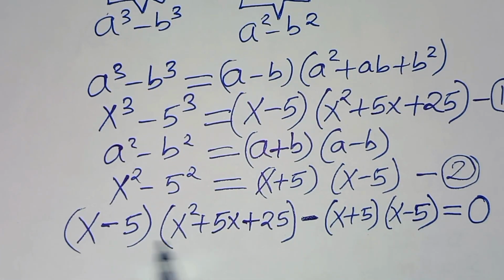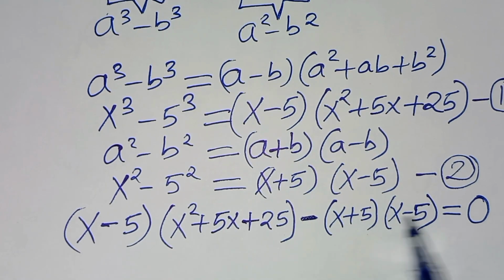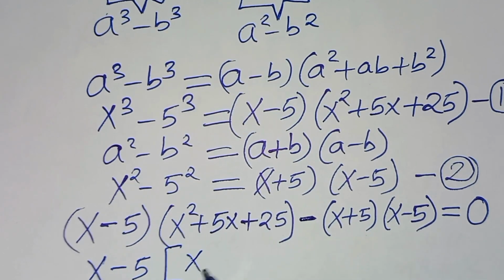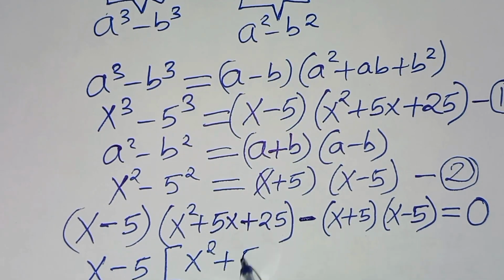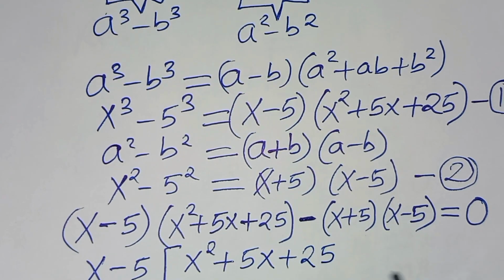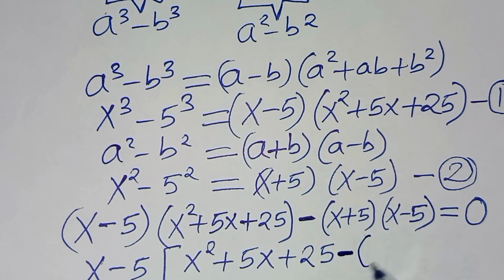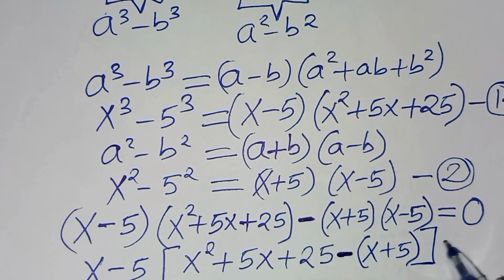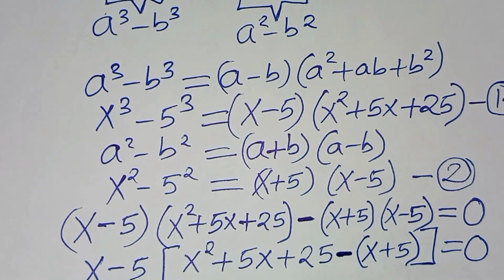So from what we have here, x minus 5 is common here. So let's factor out x minus 5. So that now here we have x to power 2 plus 5x plus 25. Then subtract x, this is x plus 5. Close the bracket. This is equal to 0.